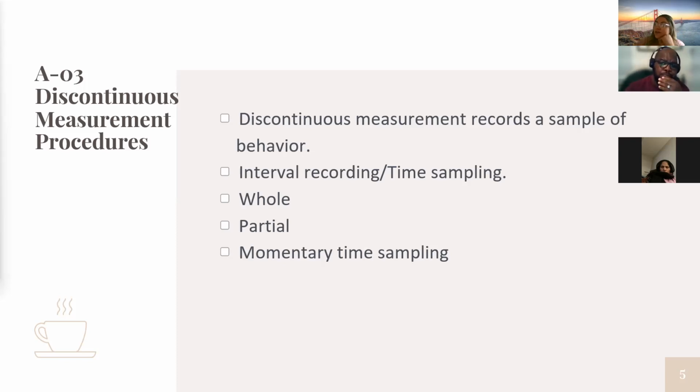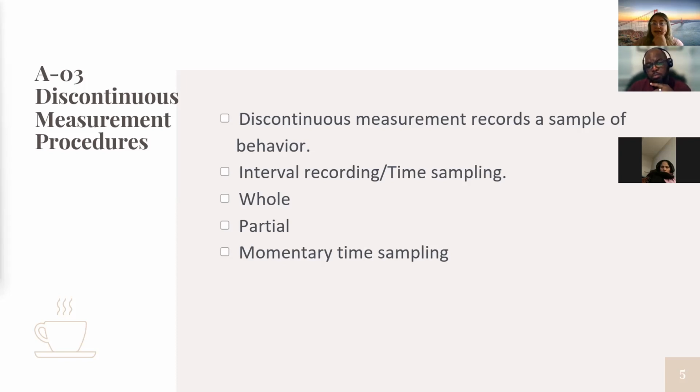So for whole interval recording, they want to know, did the behavior occur for the entire interval? For whole interval, I just think, did it occur for the whole time? Whole interval equals whole time. Partial interval, they want to know, did the behavior occur at any moment in that interval? Yes or no?